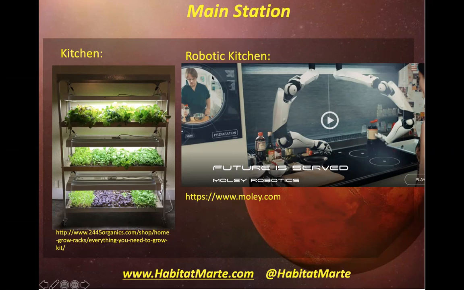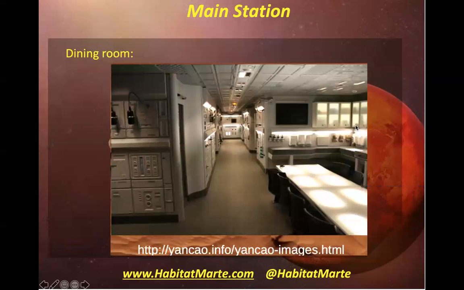Okay. Also on the left side, you can see a screen with a person explaining how to prepare the food. It would be interesting to have some tutorials on how to prepare specific food on Mars. Okay, and also the support of this robotic technology.